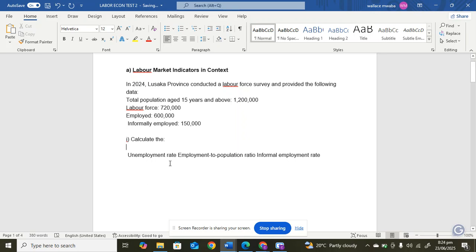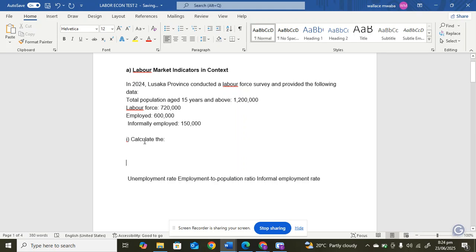All right. So we'll start with the labor force participation rate. The labor force consists of the employed and the unemployed. So the labor force participation rate is just going to tell us, out of the adult population, what percent is the labor force.